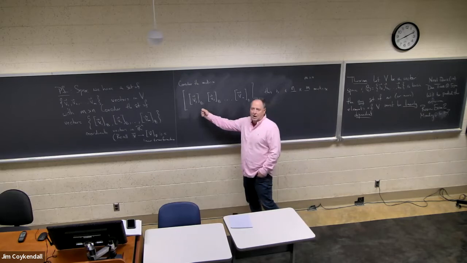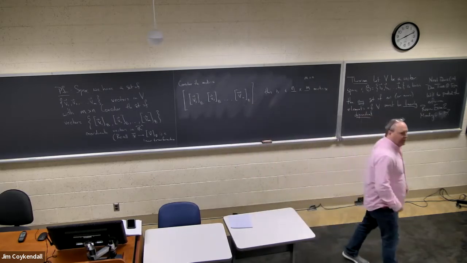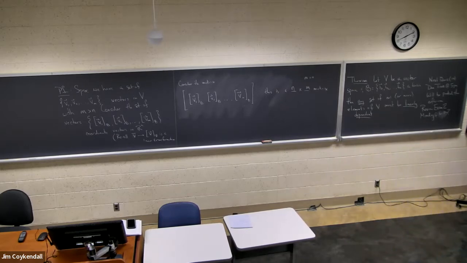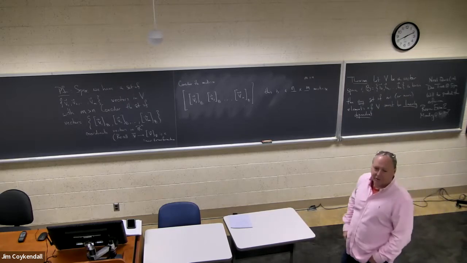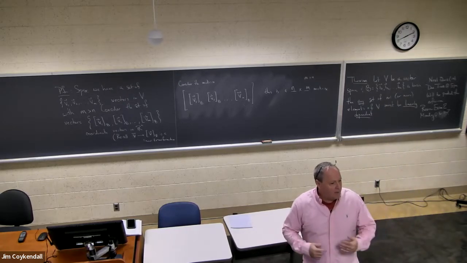What can you say about the columns then? If I've got more columns than rows, is it possible for me to have a pivot in every column? No. You've got too many columns, so I can't have a pivot in every column.